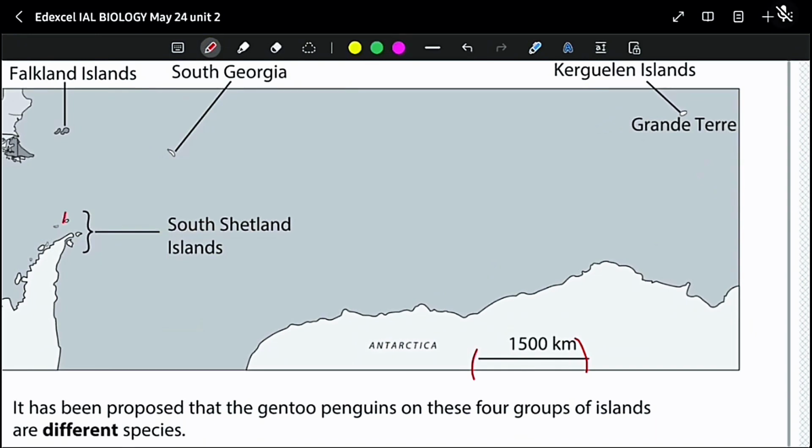From the South Shetland Islands to this island, the distance must be thousands of kilometers. So they are very far apart, and the penguins cannot travel between them. That's why the different populations cannot interbreed, and no gene flow will occur between them. Within each isolated population, genetic variation will exist because of mutation and different alleles in the gene pool.